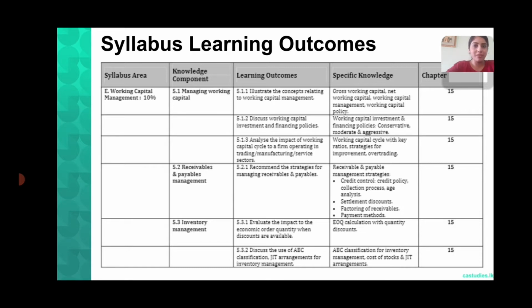Basically, your working capital. So they want you to know how you could illustrate the concepts of working capital, discuss working capital investment and financing policies, and analyze the impact of working capital cycle in a firm's operational performance.